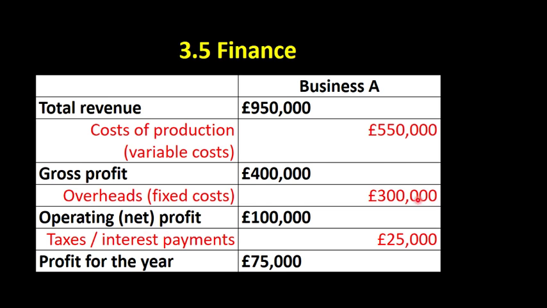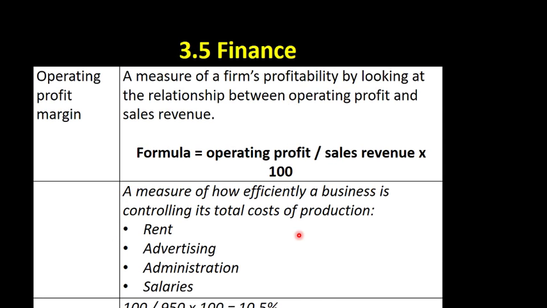Whereas this is the primary measure of business performance. How effective is an organisation at taking total revenue, not incurring too many costs in production, and turning that revenue into profit? So the operating profit margin is very, very important.